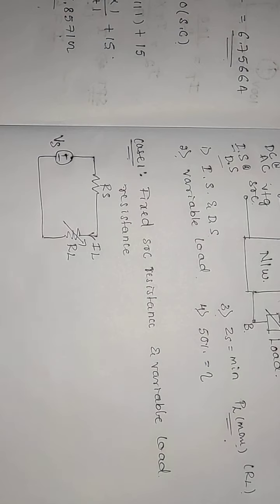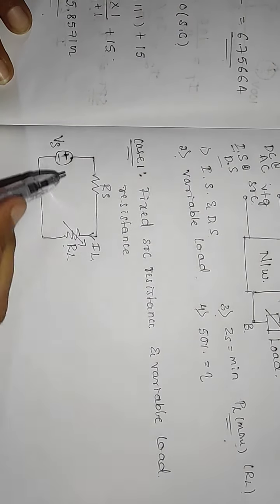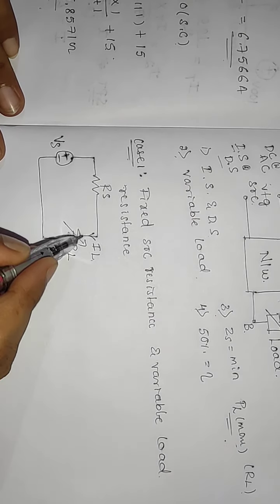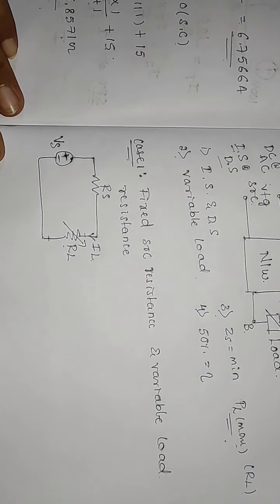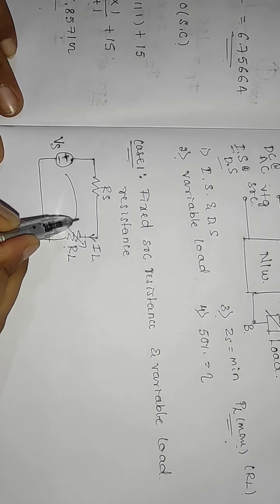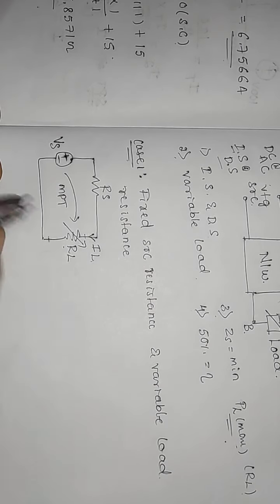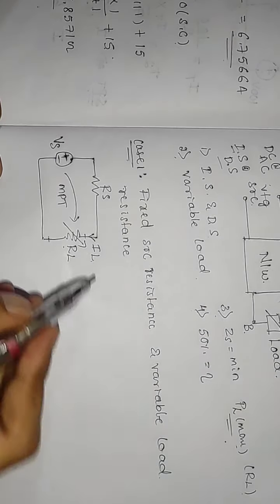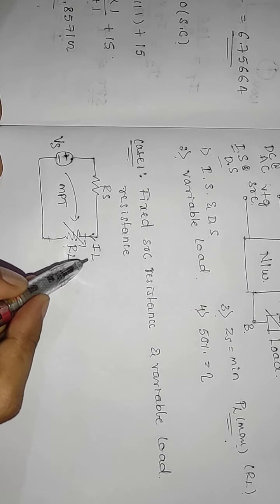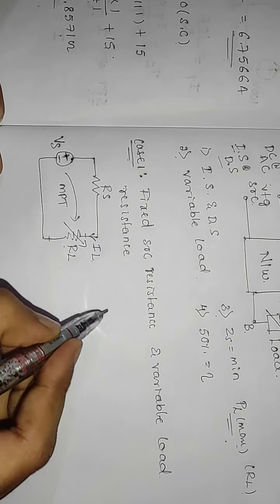In this theorem, you have to find the maximum power across this load resistor, the maximum power transferred from the source. So the current flowing through this load resistor, IL, must be maximum, then only you get the maximum power across this RL, right?